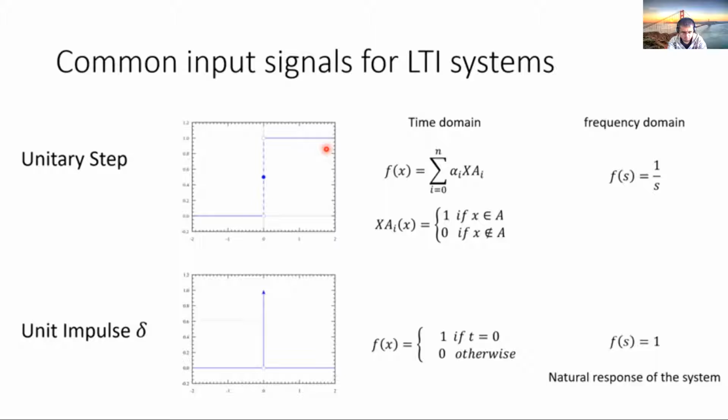That's the most important property of the unitary step input. It is the most common input to evaluate the performance of any control system, and most of our analysis in mechatronics will be based on this input.